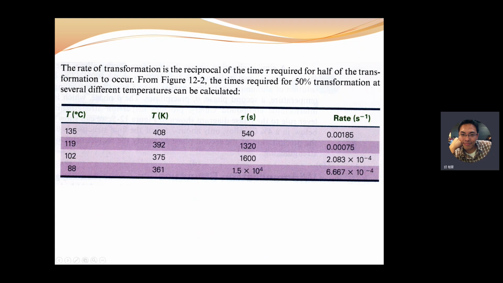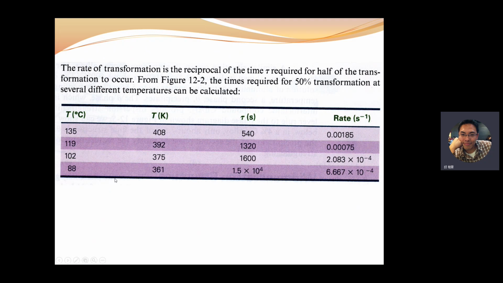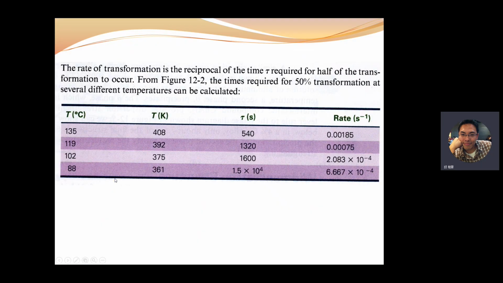And then we can plot a table to represent this figure. So this table represents this figure. Okay, so we know the recrystallization temperature here, and we know it's the time for 50% fraction of recrystallization.